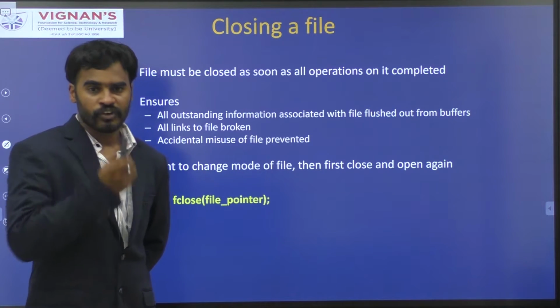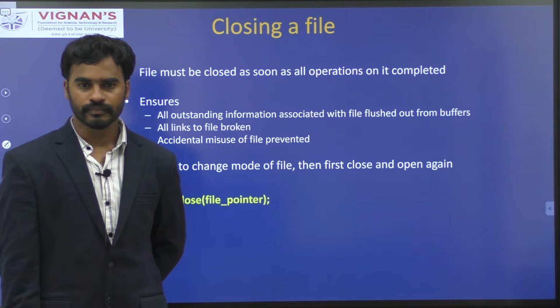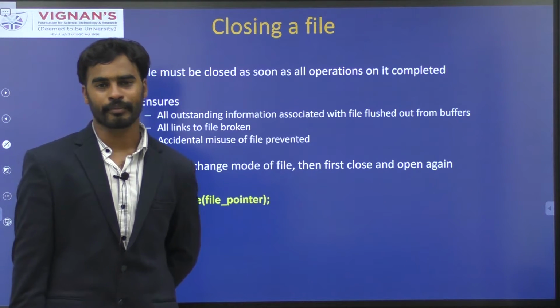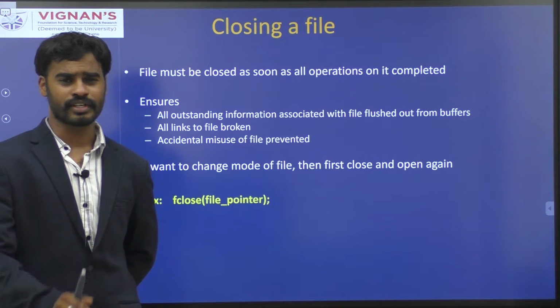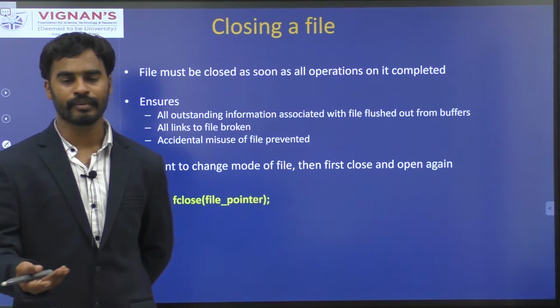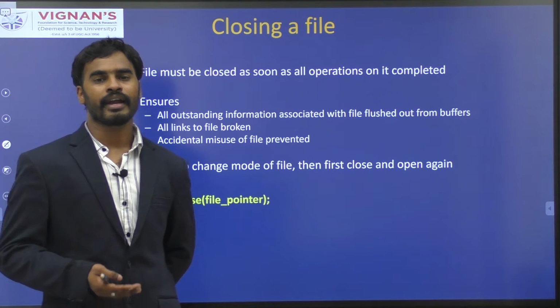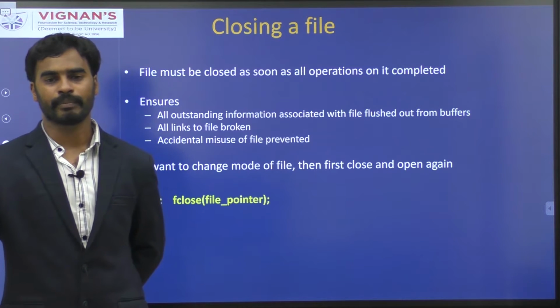The next one, we will see how to close a file. It is a good habit of a programmer to close the resources after their use. If you don't want to use that file anymore, it is a good habit to close the file so that that file is available for the remaining applications.